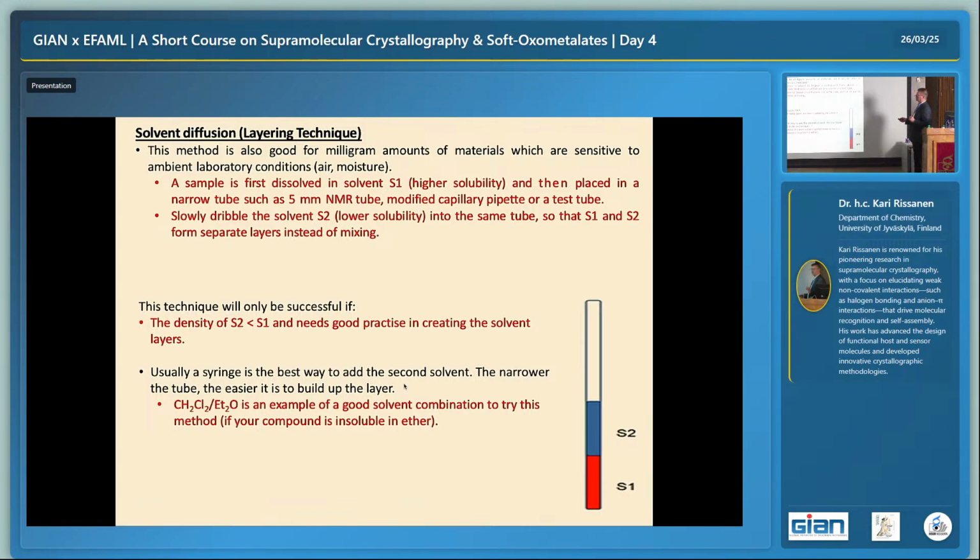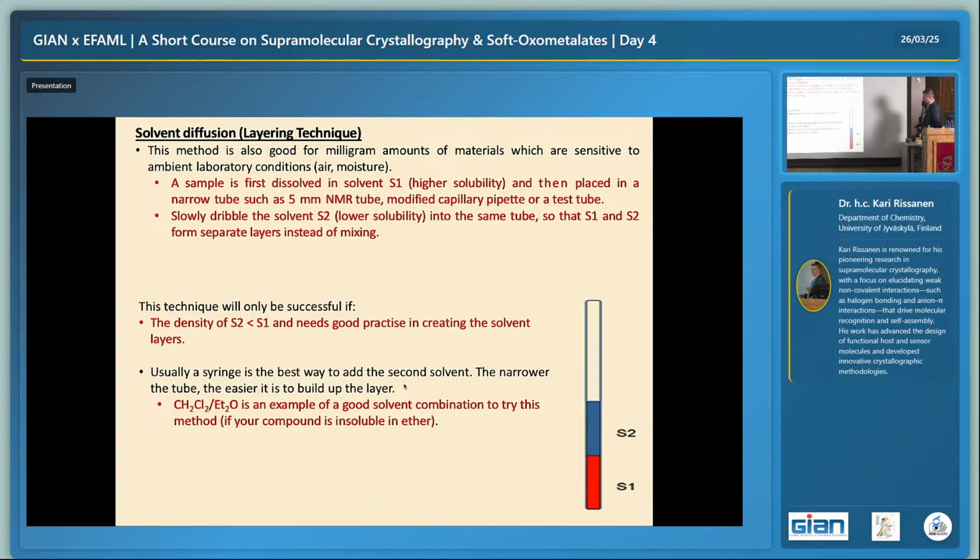And the idea is that this is particularly good for very small amounts of compounds, because what we are doing, this is a nice cartoon of it. We are now discussing the solvent layering technique. So we take a long tube, and we have 2 solvents.